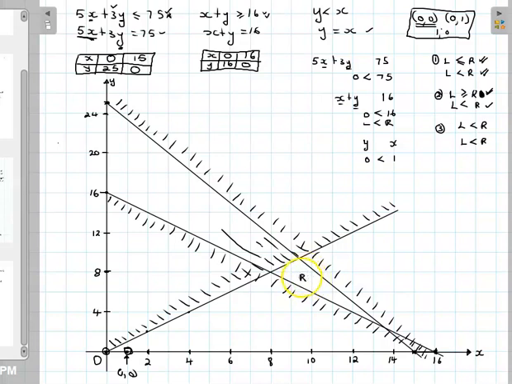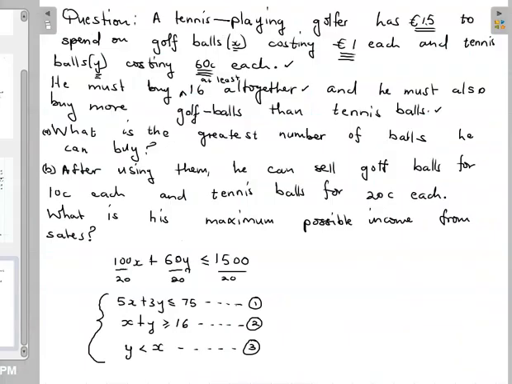So in this region, that's when we try to answer the questions. We have obtained our feasible region here. So let's go back to the questions and see what it is that we are required to find. So the question says, what is the greatest number of balls he can buy?